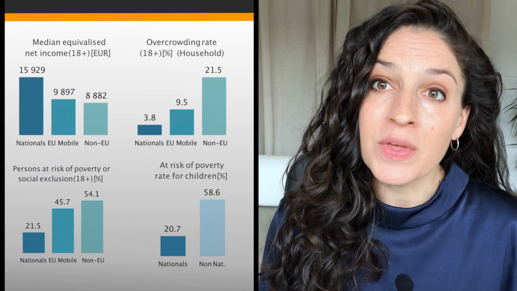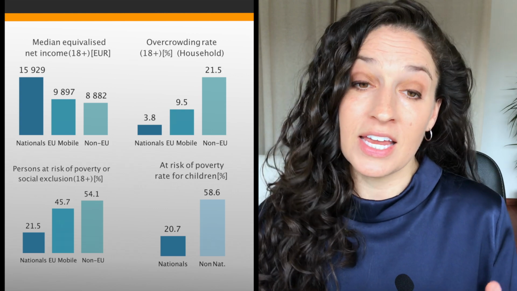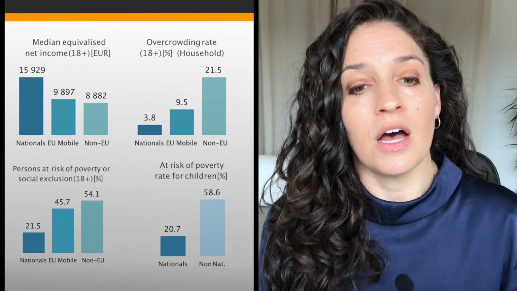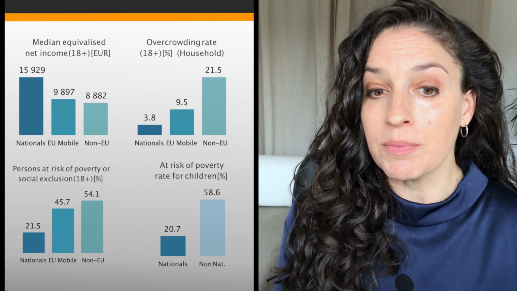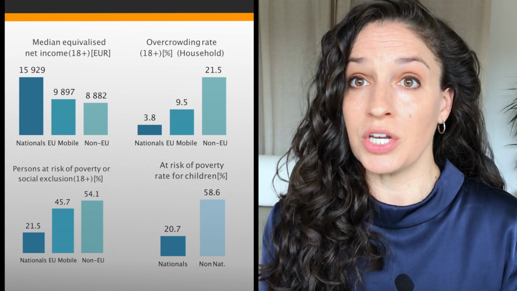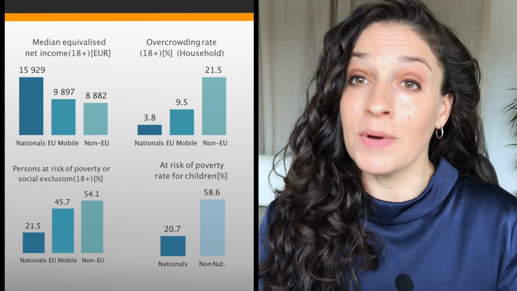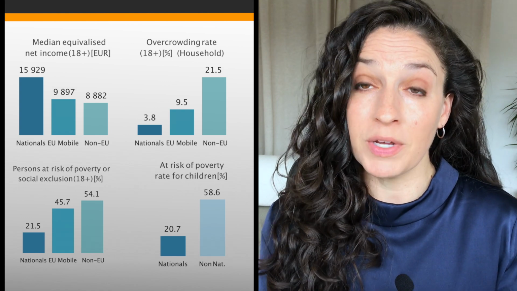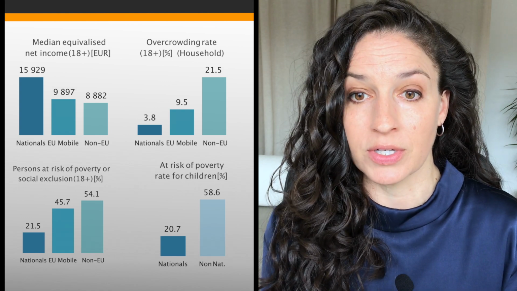Now we can look at some indicators of social inclusion, and let's start off first with looking at income. So here we can see the yearly incomes of nationals, EU immigrants, and non-EU immigrants. And what you can see very clearly is that in general, nationals have much higher incomes than European immigrants and non-European immigrants.